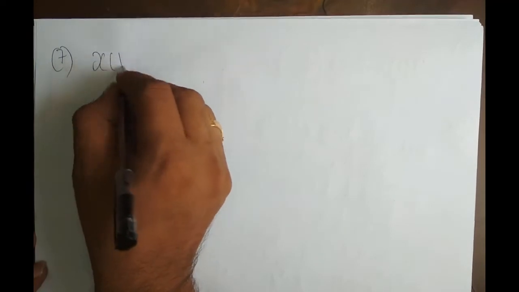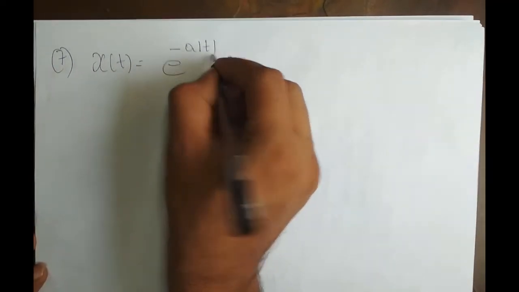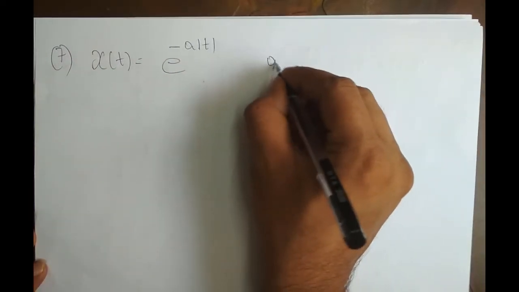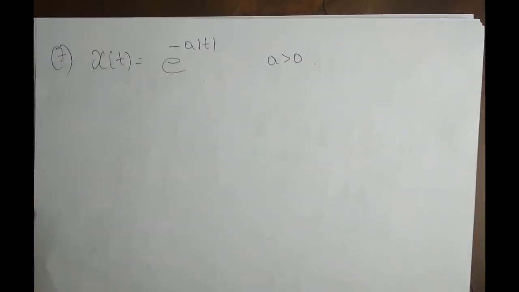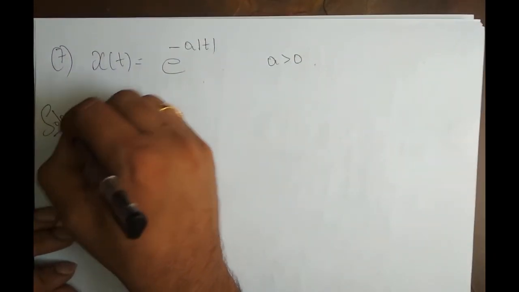Next, problem number 7. x of t is given by e power minus a into mod of t, provided a takes only positive value. This is a new kind of signal for you. Before solving the problem, we will see what the signal looks like.